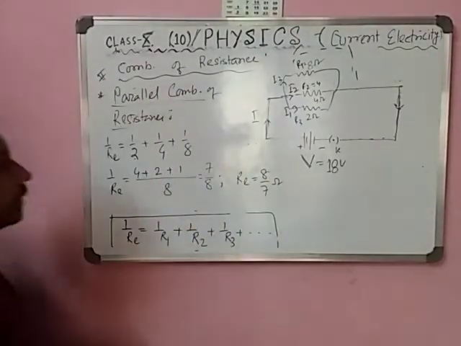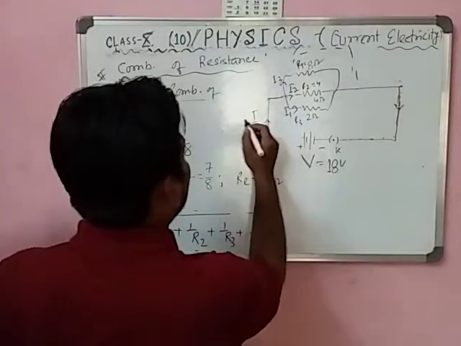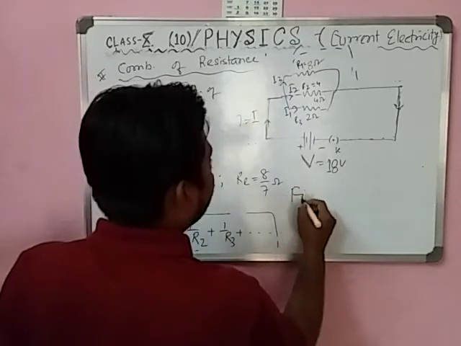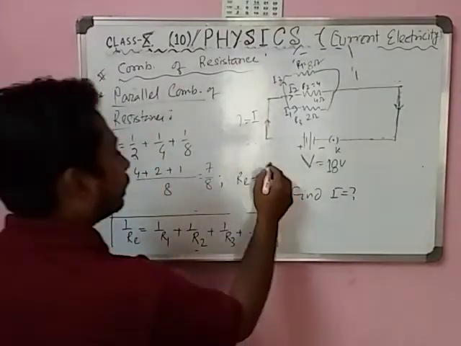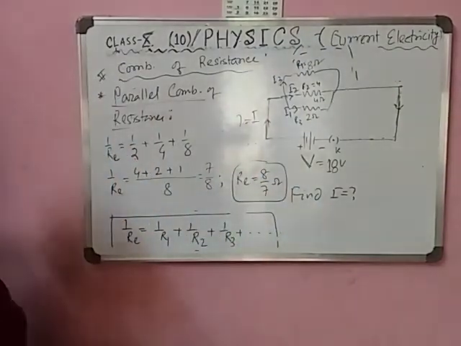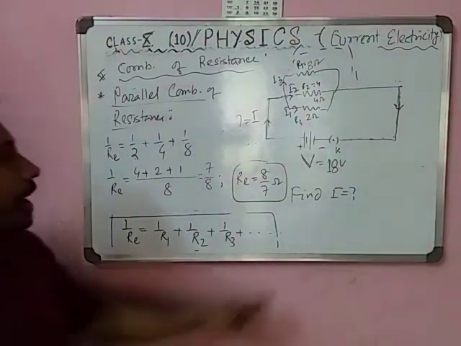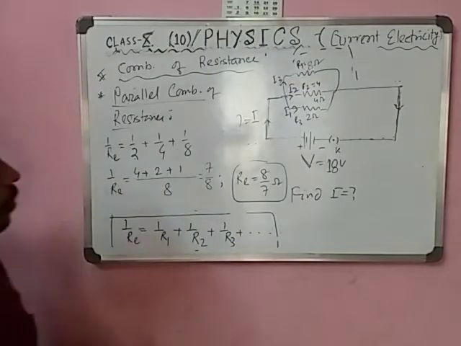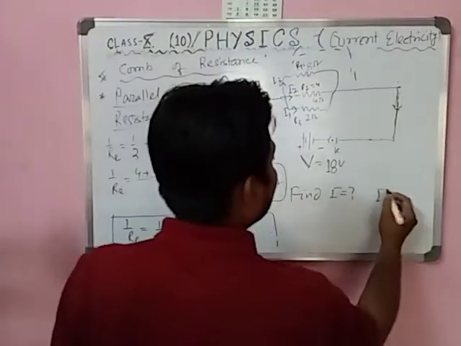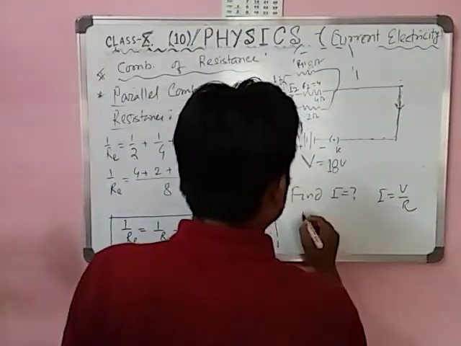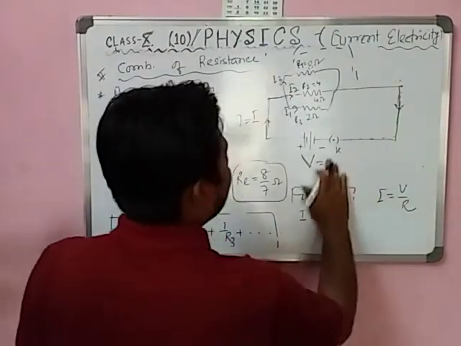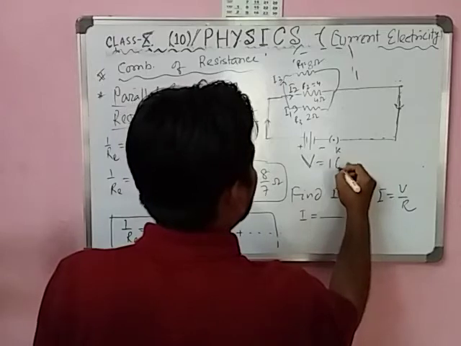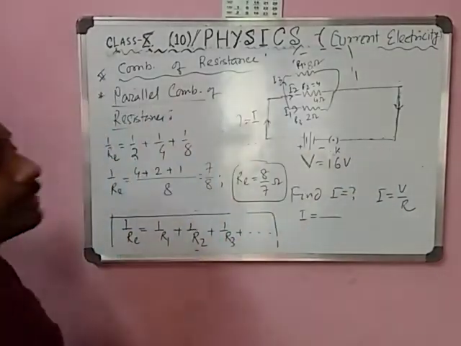Then you know V equals R i. Suppose you need the total current I. So the next question is to find out I. We got the effective resistance, and now we want to find the current. How? I equals V by R. Take V as 16 volt.